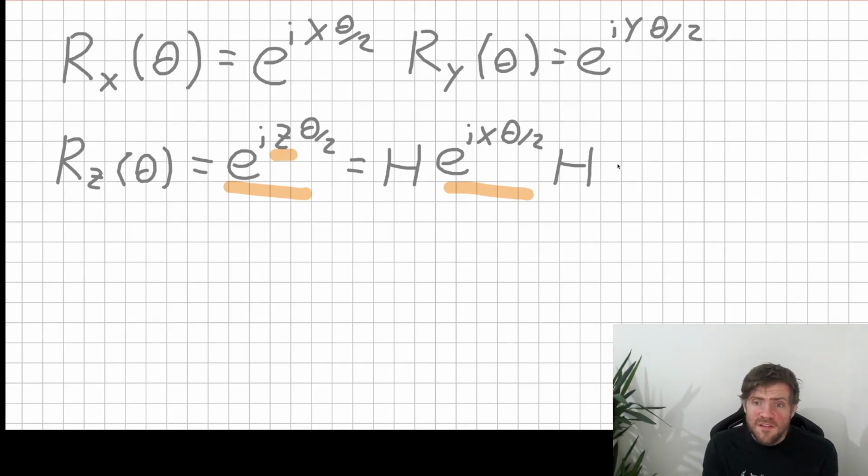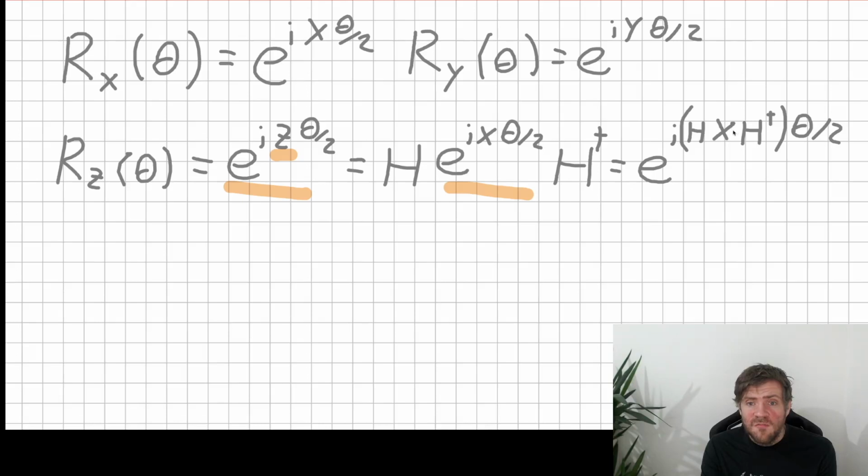rotation around the z-axis. And also there's the trick that we can basically bring these two things. I've left off the Hermitian conjugate just because the Hadamard is equal to its own Hermitian conjugate, but for clarity I should add it on. We can actually bring these up into the exponent, because basically all it's doing is changing this eigenbasis. And that's a trick that we'll be doing also later on.